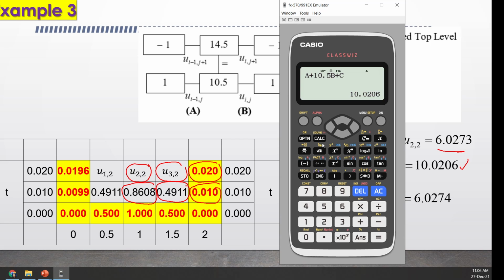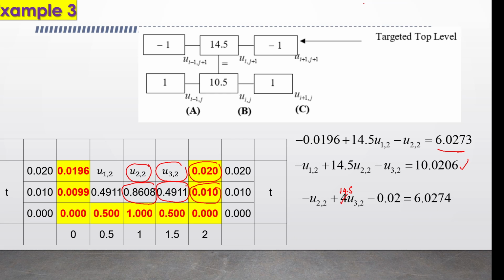You calculate again: A now is 0.8608, B is 0.4911, C is 0.01. So you get 6.0274. Then this value you have to collect, because it's a boundary condition, the left boundary condition. You collect together to the right-hand side here.